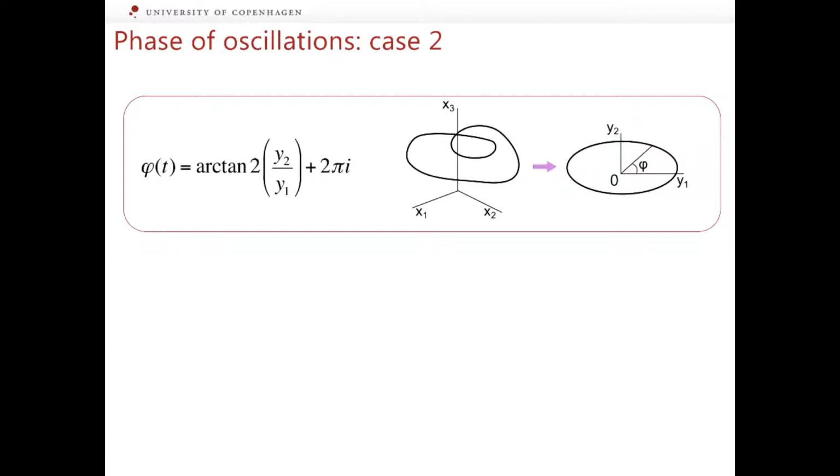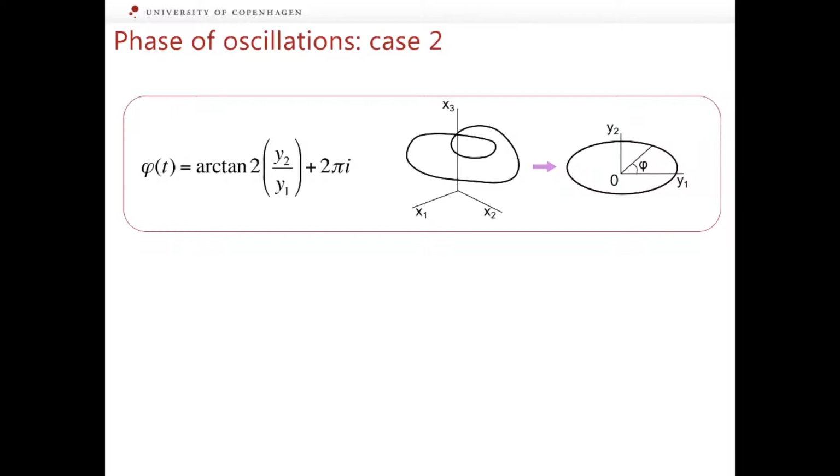This transformation should be such that the simple closed curve embraces the origin. Then, for every point on this simple closed curve, we can introduce an angle phi according to the formula shown. Here, y1 and y2 are the coordinates of the point on our simple closed curve on the plane, and arctan2 is an extended arctan function.